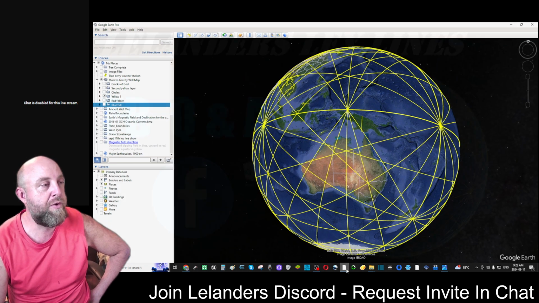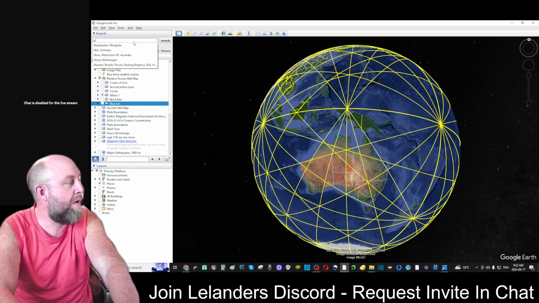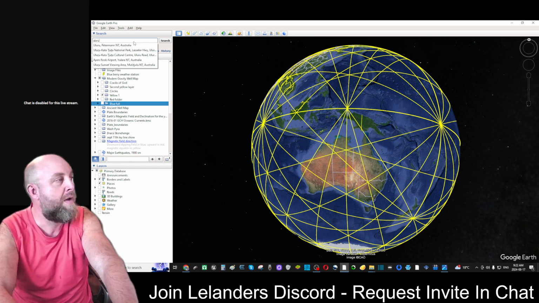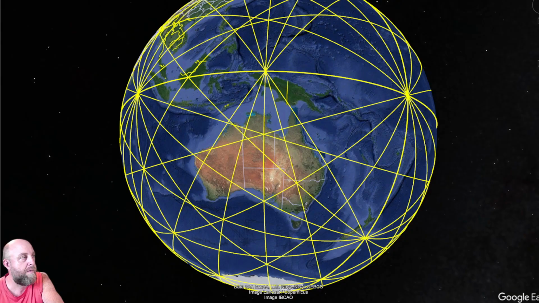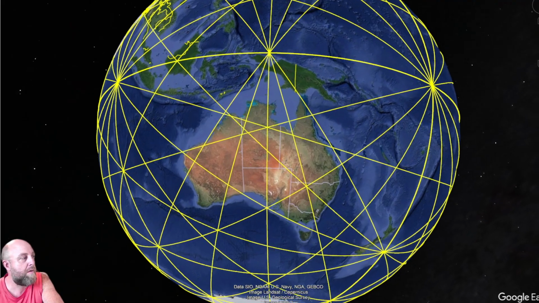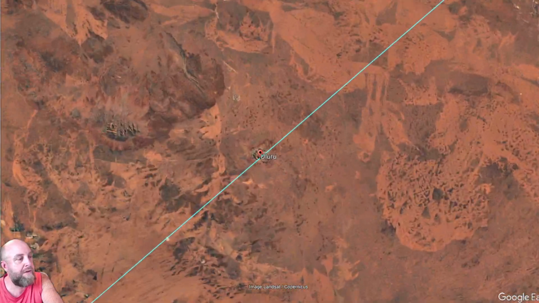So we'll bring up Google Earth. Uluru, Australia. And we'll follow it and see where it goes. Blue line activated.